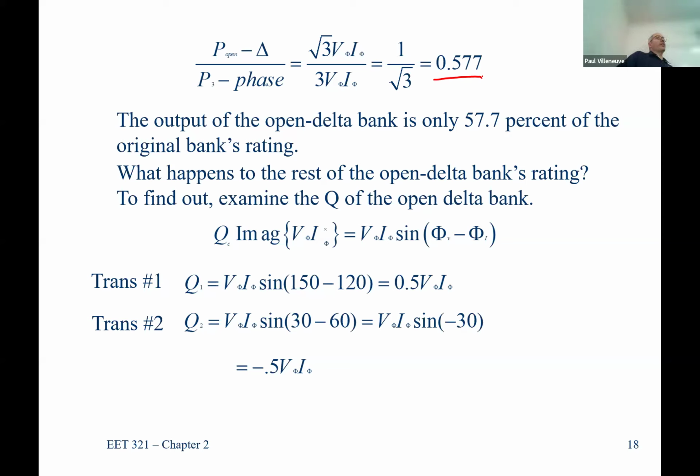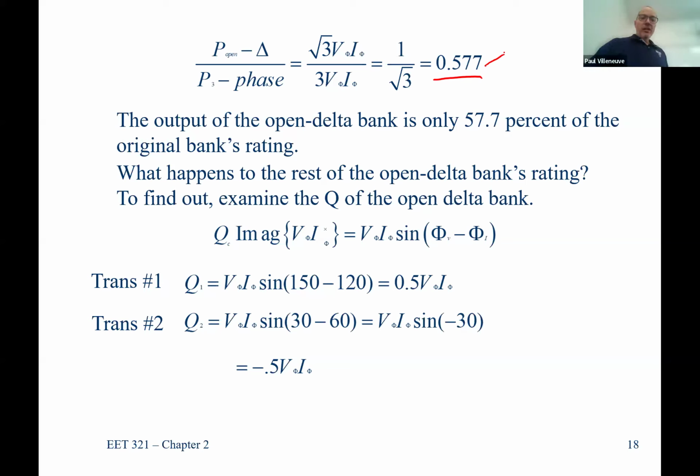So I have two transformers, which should give me 2/3 of the power of a three-phase transformer, but this one only has 58%. So I think I'm getting something for nothing, but there's a penalty there. And the penalty is I'm only getting 57.7%.